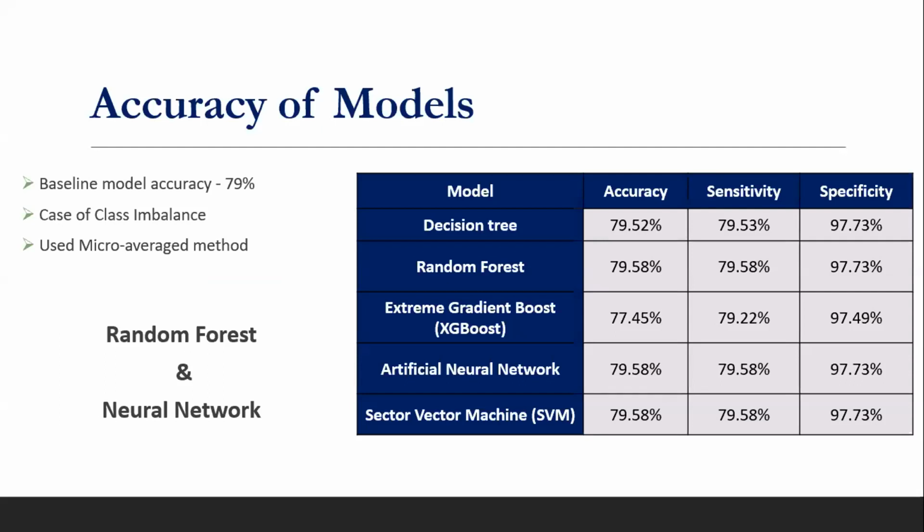We found the accuracy of the decision tree to be 79.52%. With all the steps kept the same, we tried the random forest model as well, which provided an accuracy of 79.58%. Random forest models are basically ensemble learning methods for multi-classification, and these are better than a decision tree.